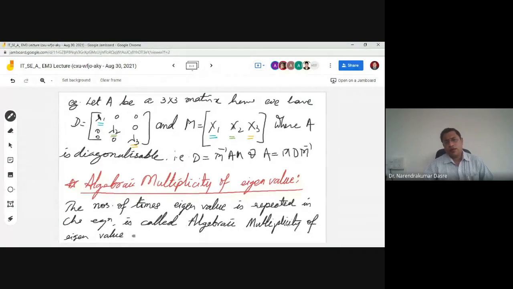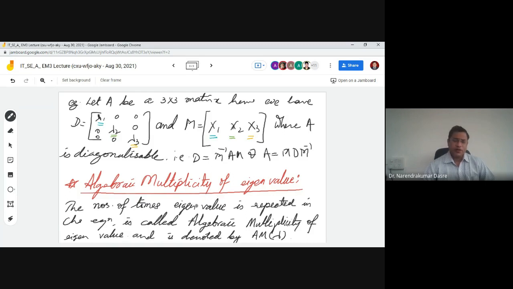It is denoted by AM of lambda, the algebraic multiplicity of the eigenvalue. So we have to see how many times it is repeated in the characteristic equation.